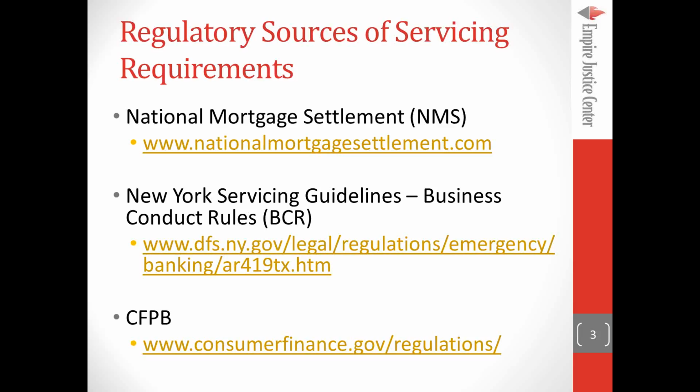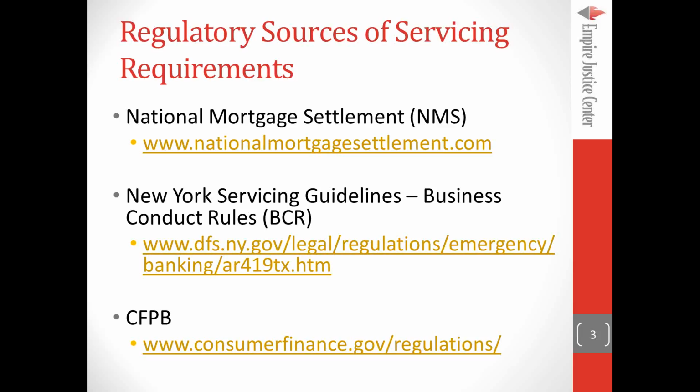So as you probably all know, you can find the details of the National Mortgage Settlement on the website, nationalmortgagesettlement.com. And you can also find the over 300 servicing standard highlights there. So if you're on the website and you click on servicing standard highlights, you'll see these highlights. And I would suggest that if you haven't done so already, print these out and study these.